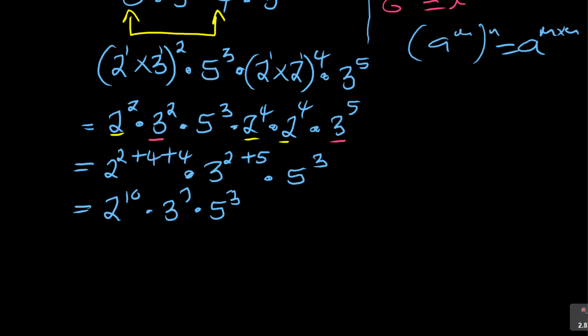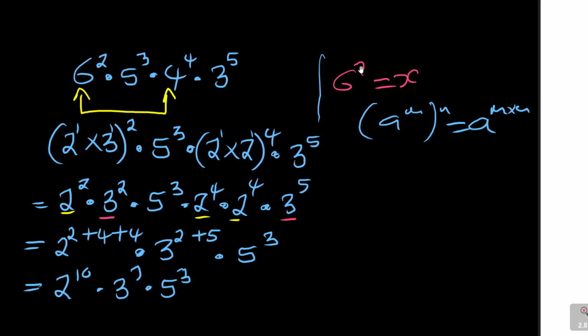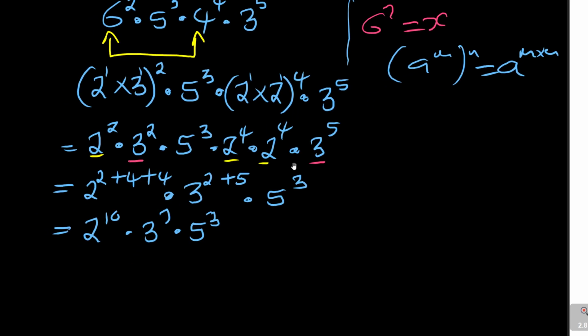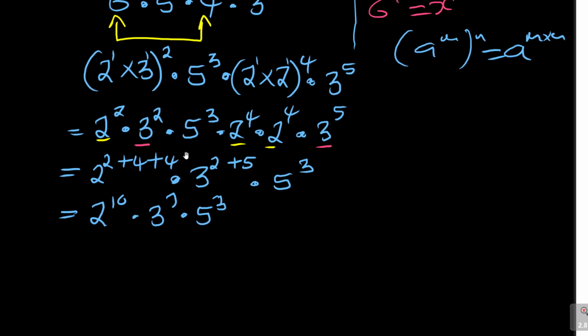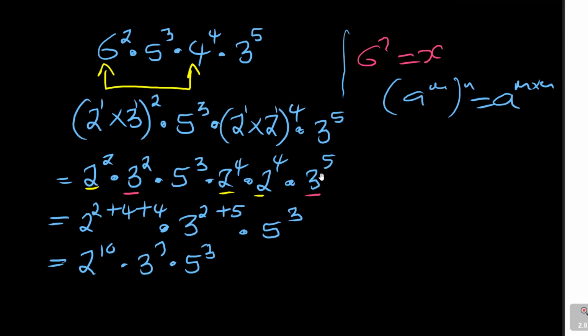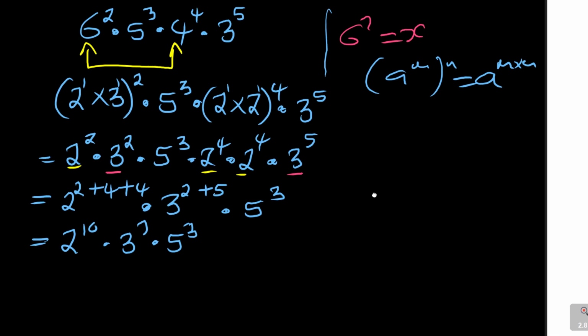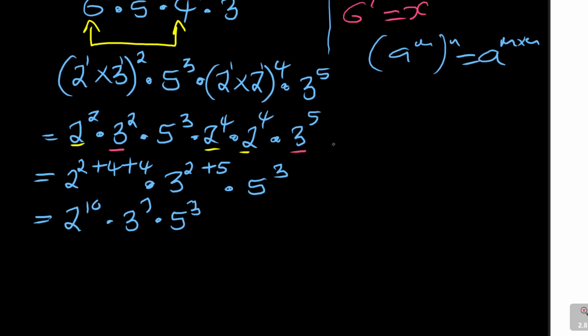If I can have from here, let me see, because they gave me a hint. They say 6 to the power of 7. Right? So I need to form 7 here. So in a way, let me see if I can form 7. Okay, now look at this. I can try to make 7 from here, because I can use this rule.